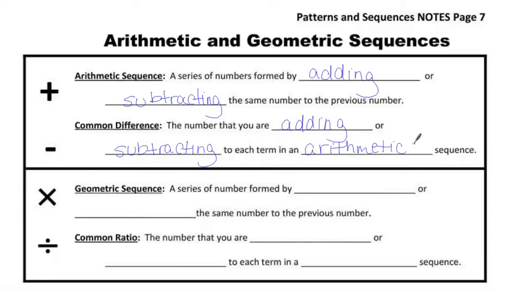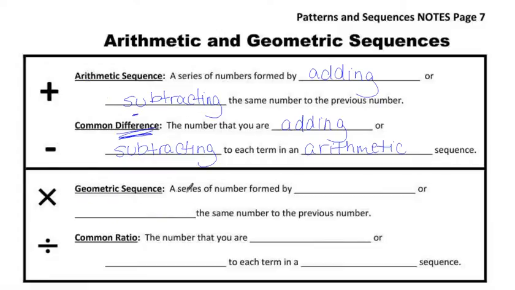And the way that I remember that a common difference goes with arithmetic is difference means subtraction, which goes with your adding and subtracting. So arithmetic is your basic math that you learned in elementary school, and the common difference is the number that's part of the rule, and difference means subtraction, which goes with arithmetic.